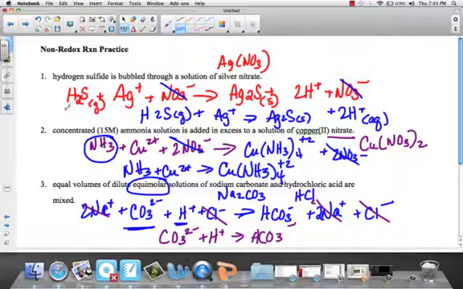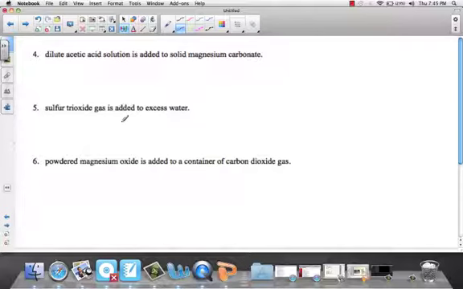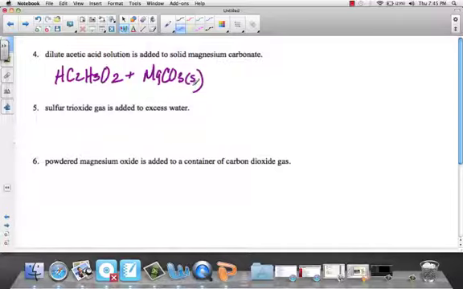Okay, let's continue on. Dilute acetic acid. So we've got HC2H3O2, that's acetic acid, is added to solid magnesium carbonate. So we've got MgCO3 solid. So what's going to happen here?